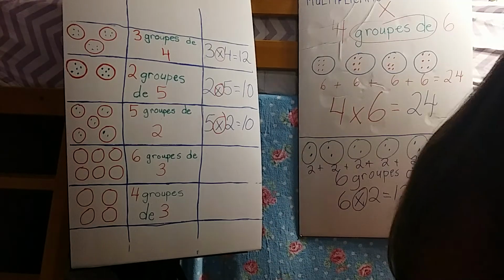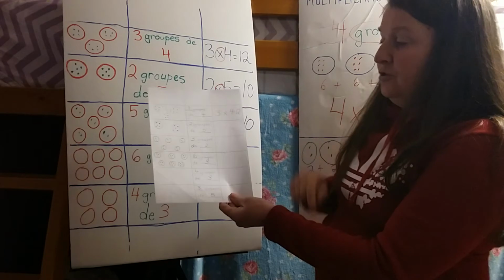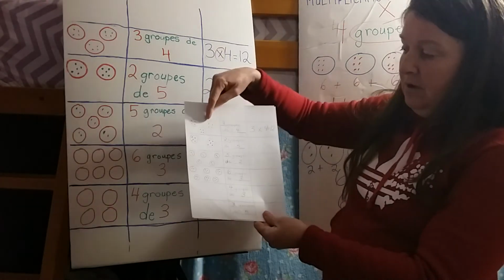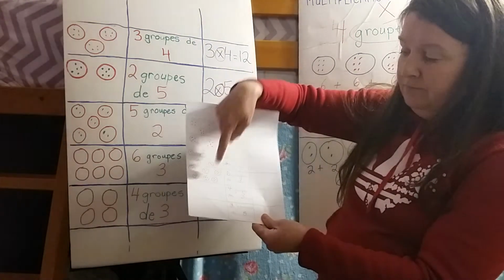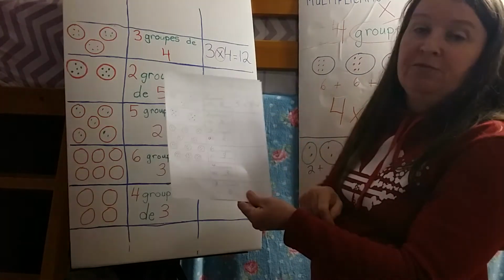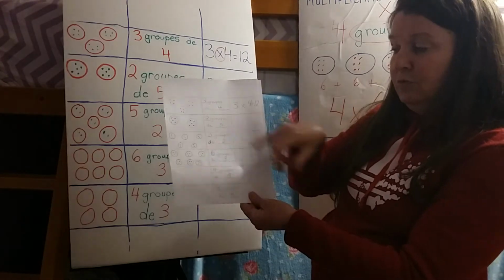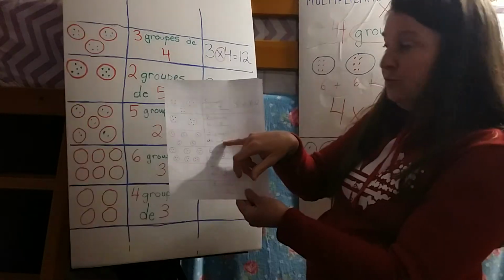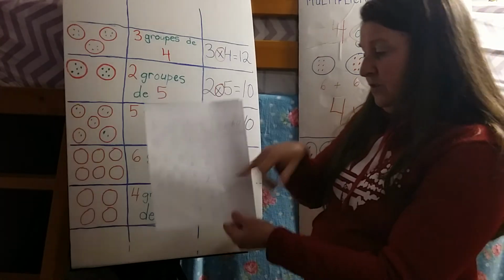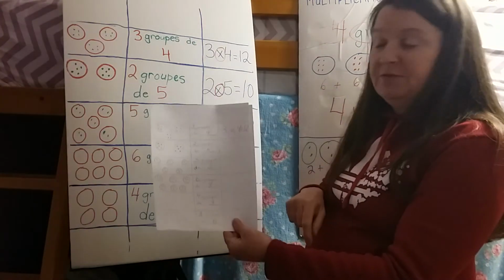And I have here 2 little practice sheets for you to do. I've drawn the circles for most of them, and I've written the groups of for all of them. 3 groups of 4, 2 groups of 5, 5 groups of 2, 6 groups of 3, 4 groups of 3, and 3 groups of 5.